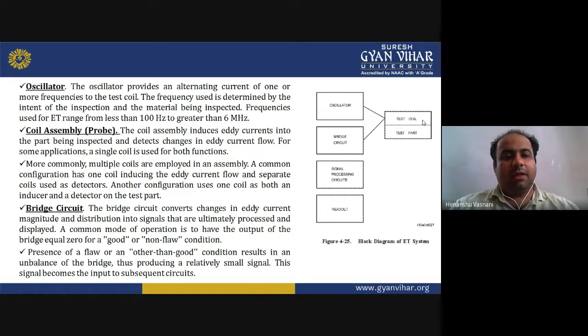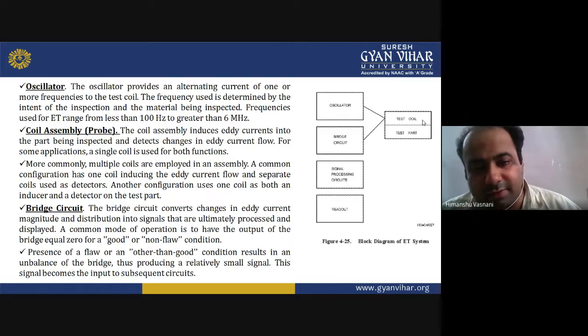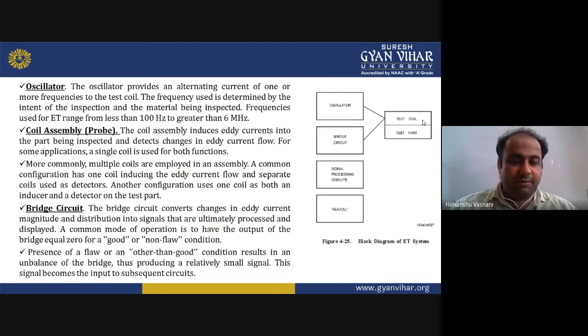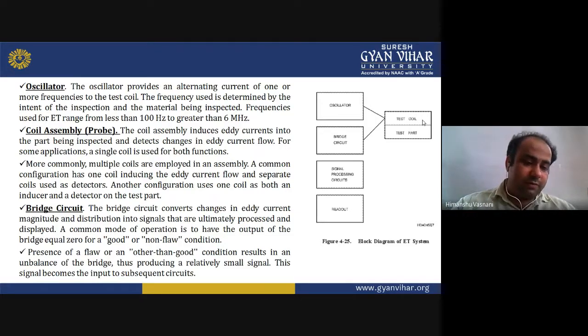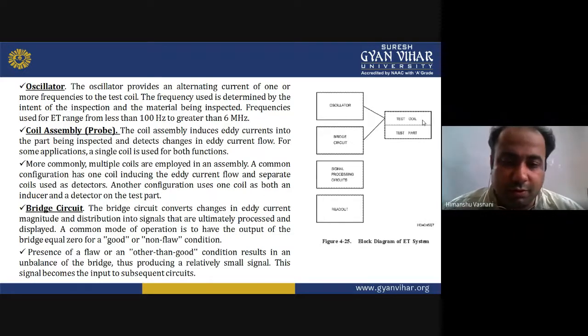Now the bridge circuit. The bridge circuit converts changes in the eddy current magnitude and distribution into signals that are ultimately processed and displayed. A common mode of operation is to have the output of the bridge equal zero for a good or non-flaw condition.